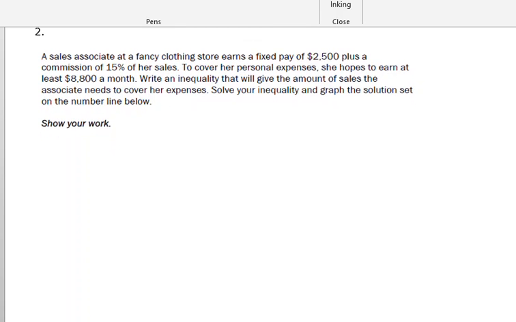to this next practice. A sales associate at a fancy clothing store earns a fixed pay of $2,500. Fixed, we know, means base, plus a commission of 15% of her sales.